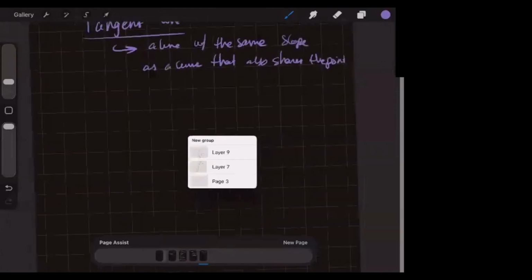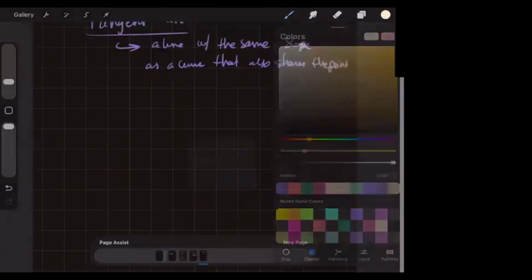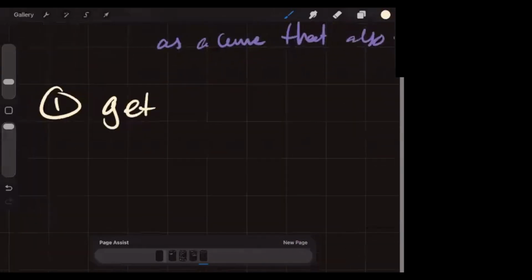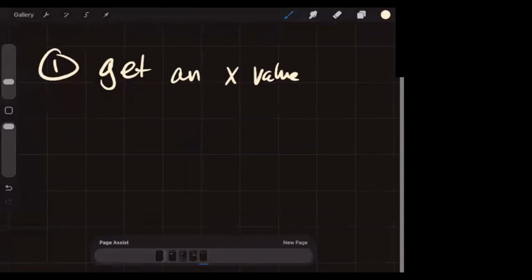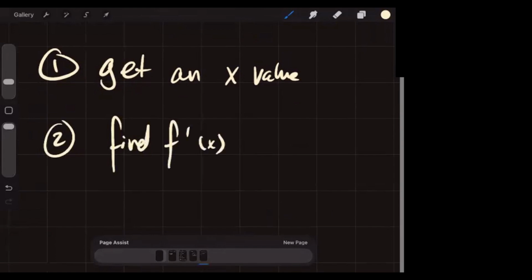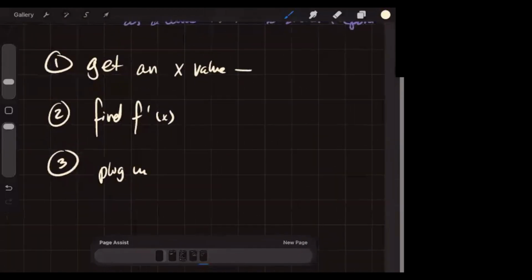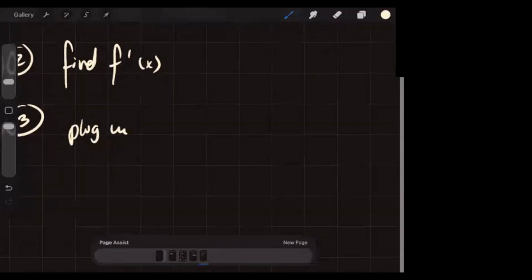Okay. So basically, all you have to do is one, get a point. You don't even need a full point, get an x value. Two, find f prime x. Three, plug in, let's say x equals a, into f prime x, which will give you f prime a.